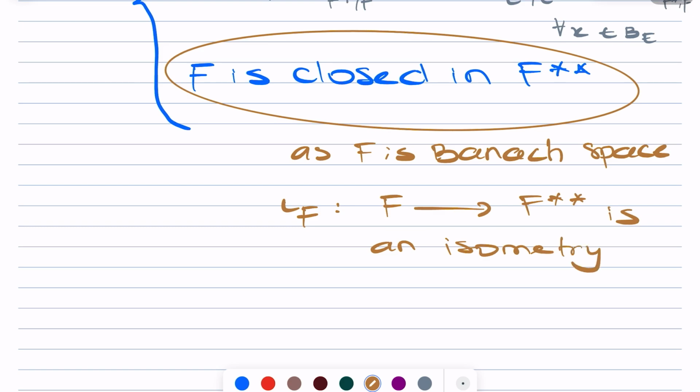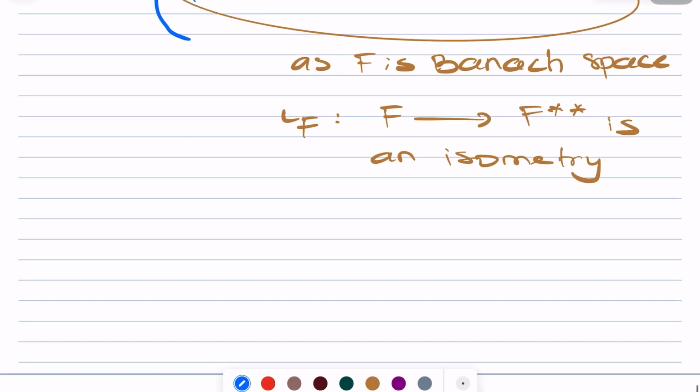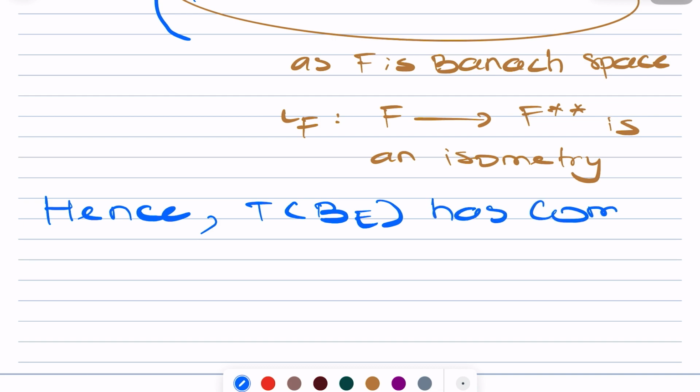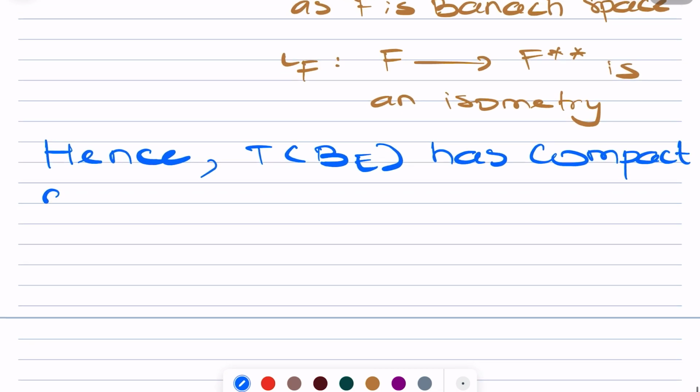So due to that, you can conclude that hence the image of a closed unit ball has compact closure in F.